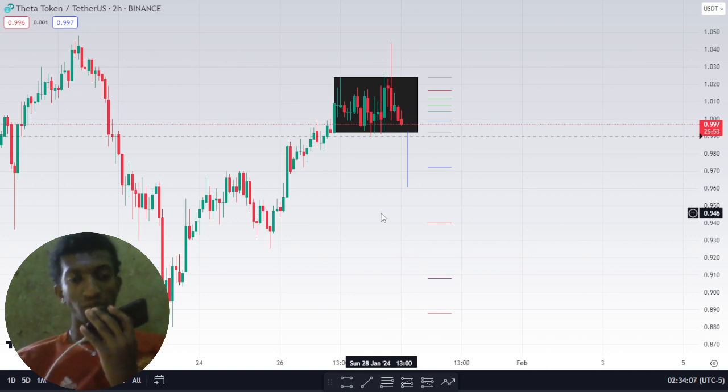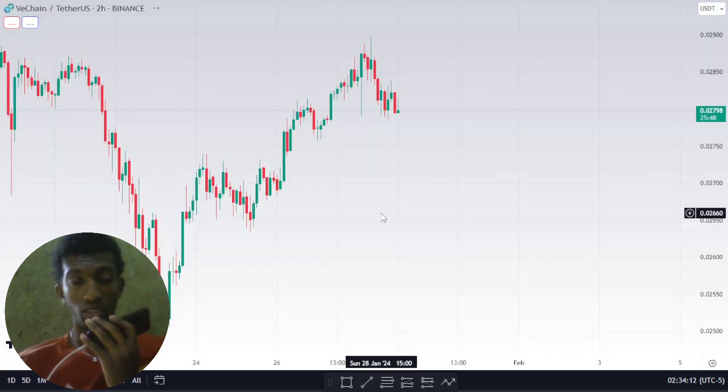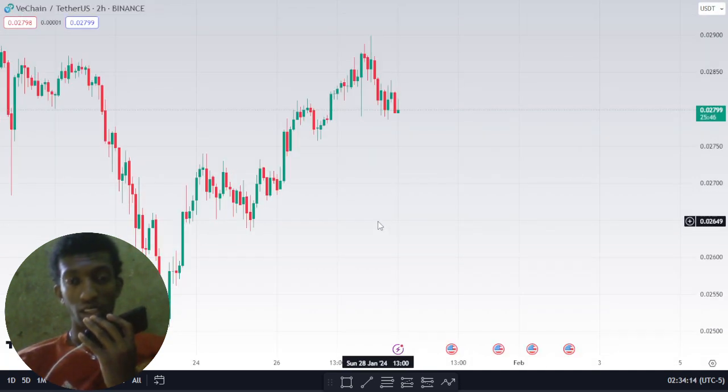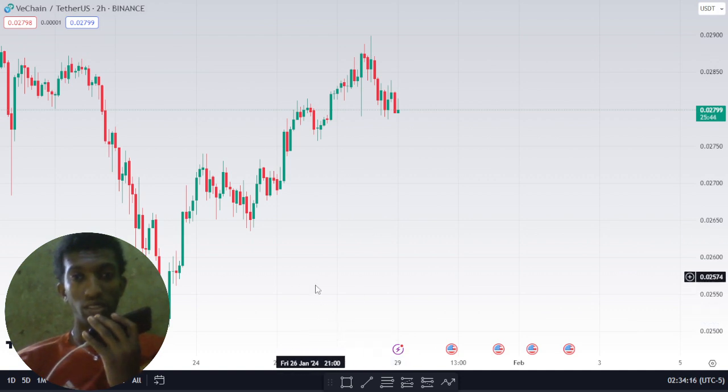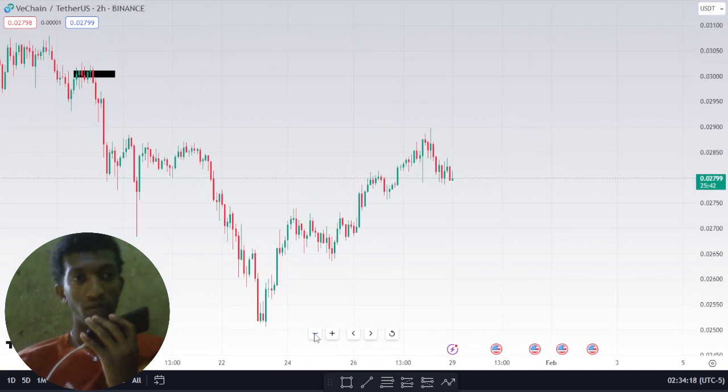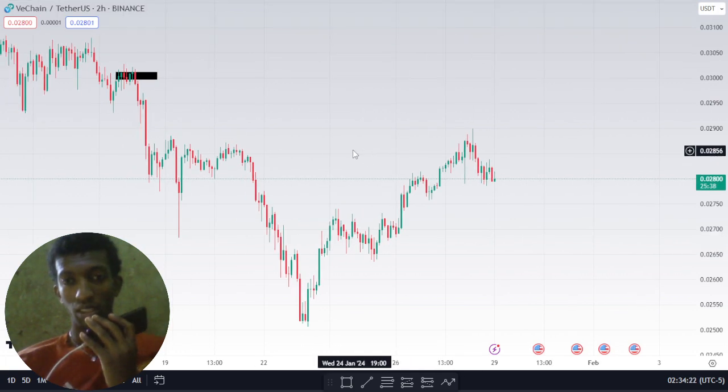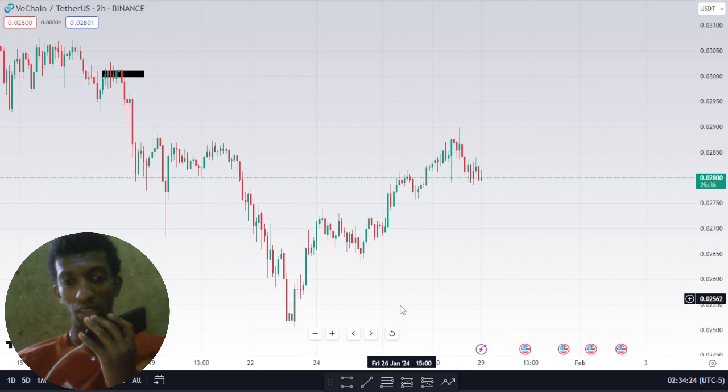Okay, next thing that we gotta do is find a consolidation on the other current cryptocurrencies. As you can see in here, this is VeChain versus USDT. We got a consolidation here.